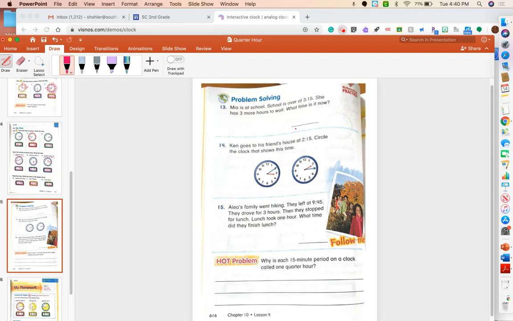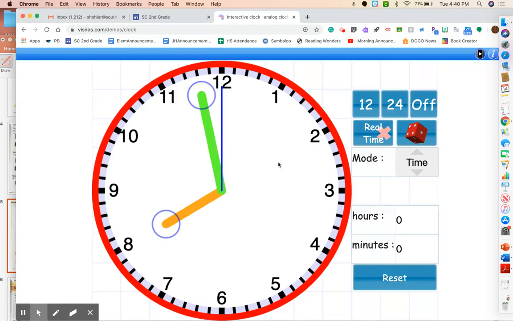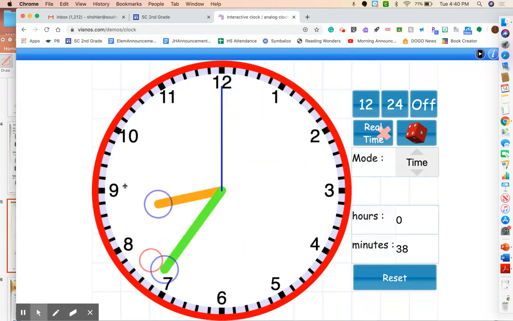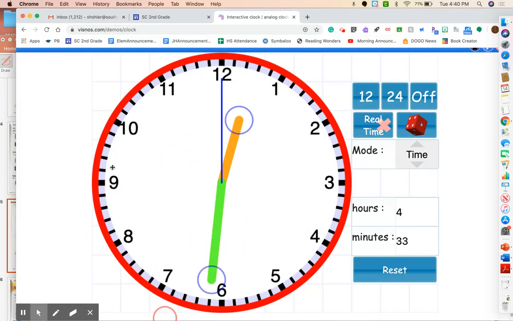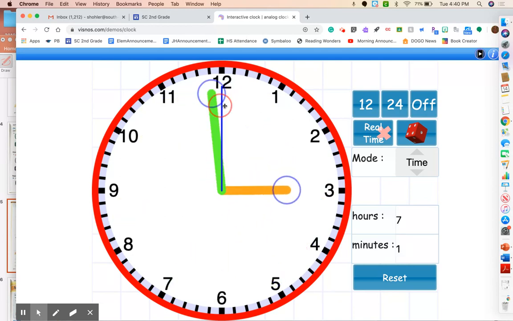All right, number 13. Mia is at school. School's over at 3:15. She has 3 more hours to wait. What time is it now? So we're going to go over to our clock, and we're going to go to 3:15. Let's go there quickly. 3:15.